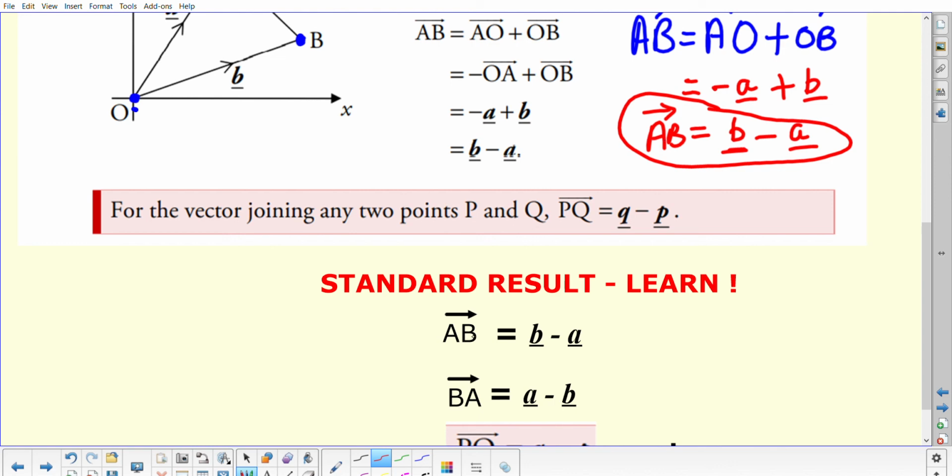So if it's A to B, then it's going to be b minus a. If it's B to A, then it would be a minus b. And you can see that it also mentions this in your notes. If you've got P to Q, it's the second vector first, so it's q minus p. And these represent the position vectors relative to the origin.